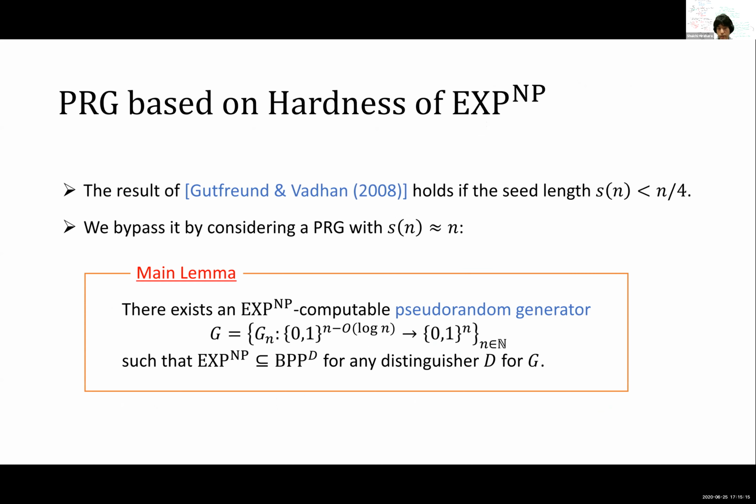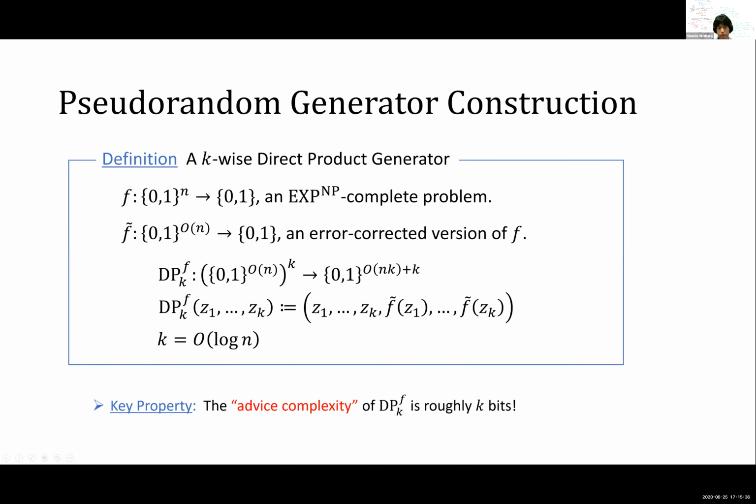The key technical idea is that we consider a pseudorandom generator construction whose seed length is quite close to the output length. We constructed an EXP^NP-computable pseudorandom generator whose security can be proved by uniform reduction. The construction is actually quite simple, which we call a k-wise direct product generator.